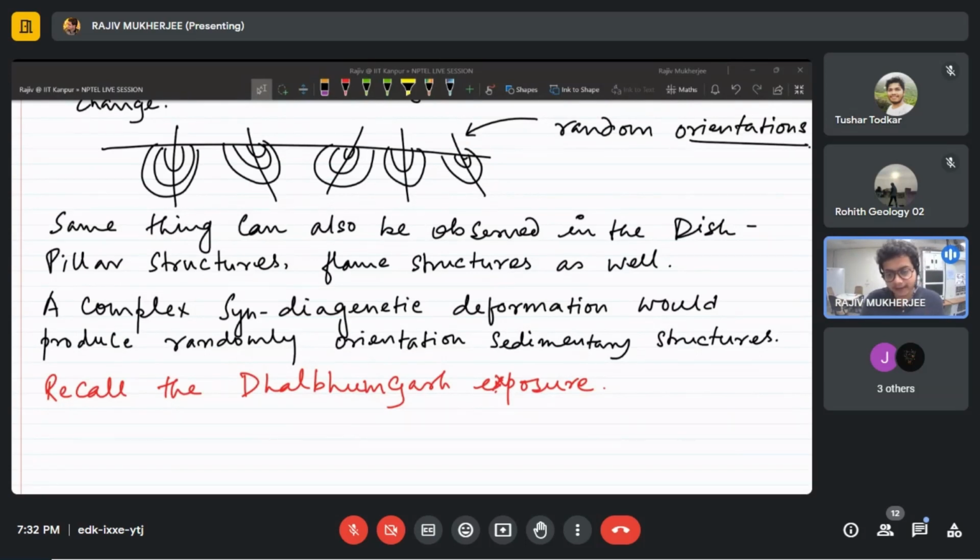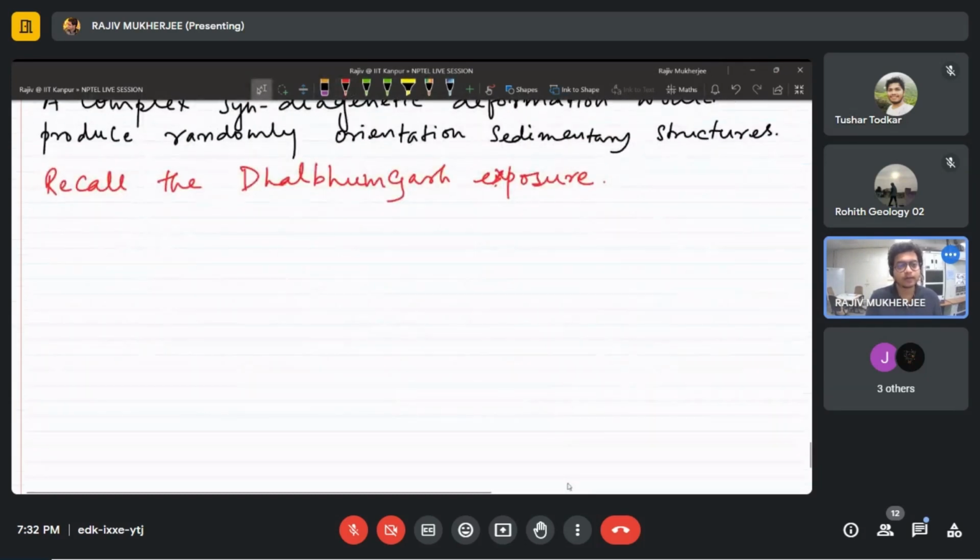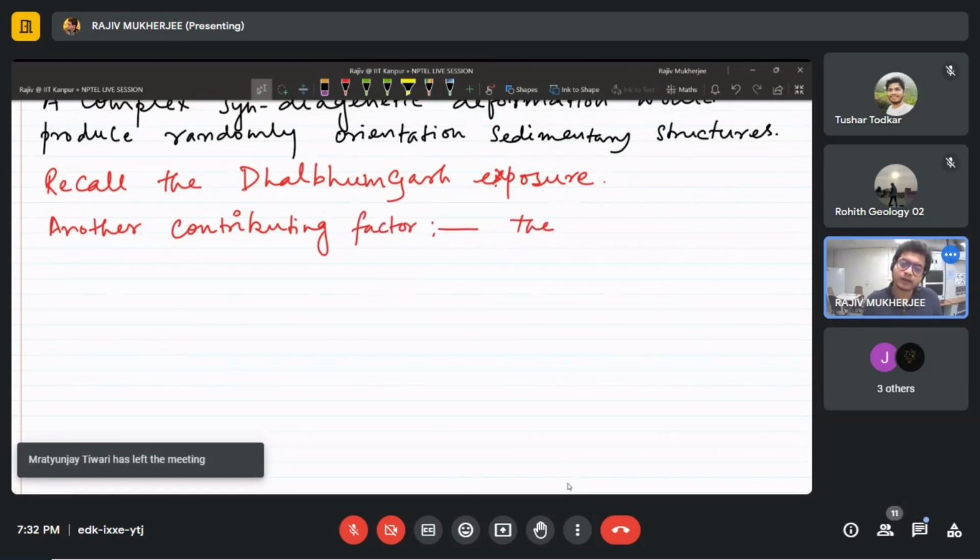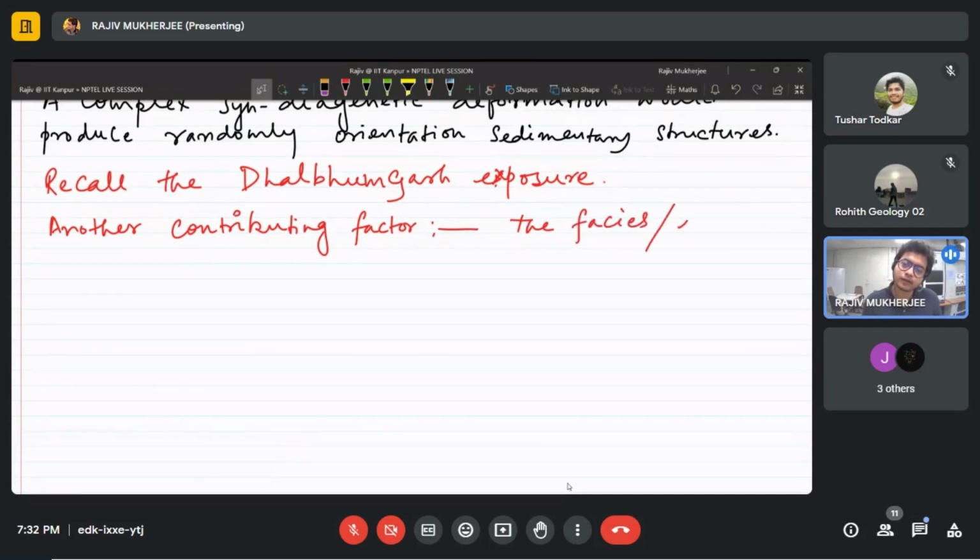And there can also be another controlling factor which we need to recall, that is the facies or environment of deposition.